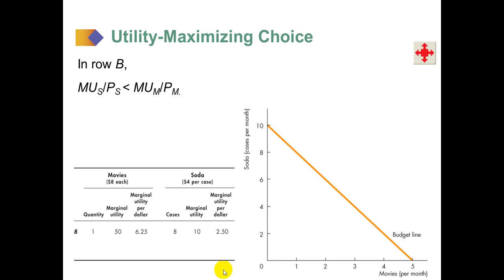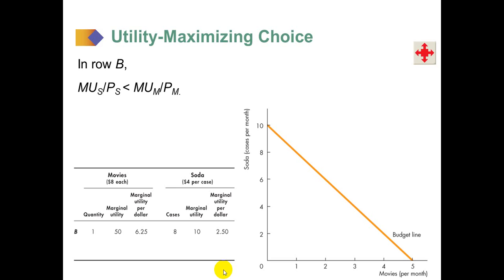So, utility maximizing rule, as we said before: a consumer's total utility is maximized by the following rule: spend all available income and equalize the marginal utility per dollar for all goods.